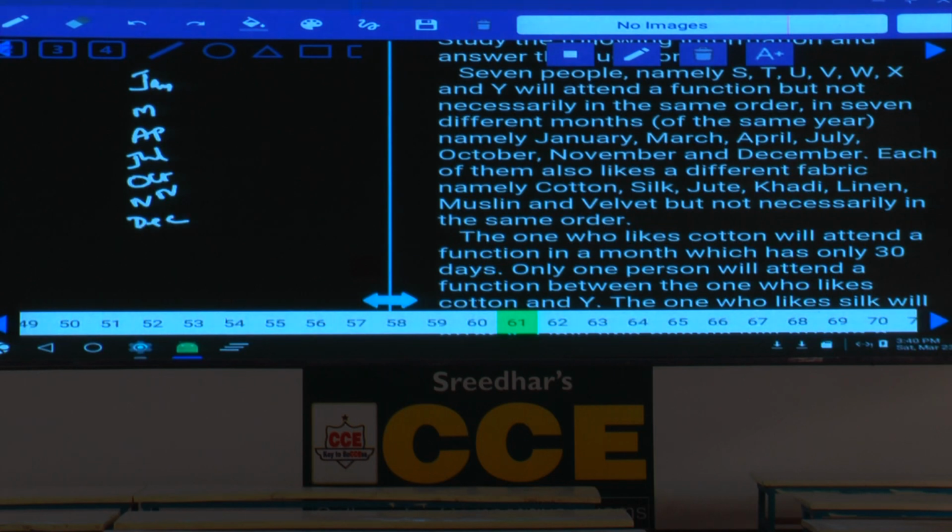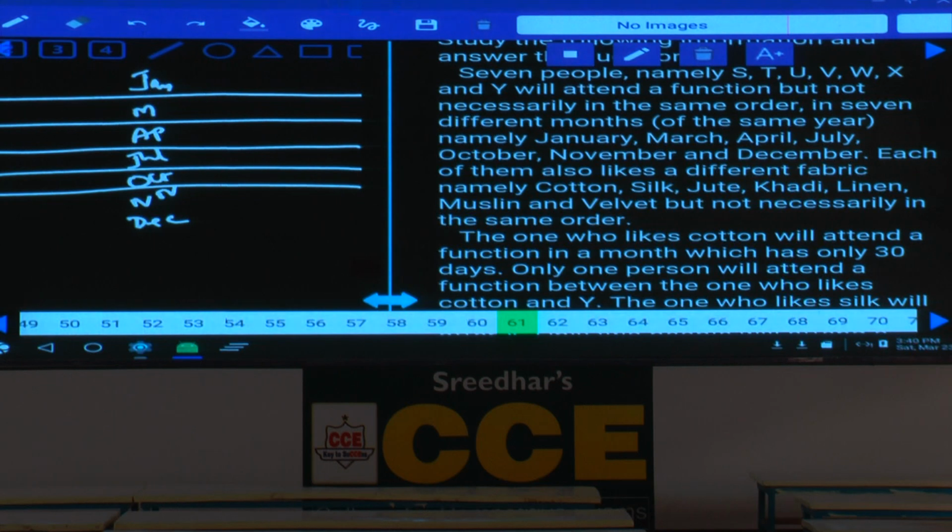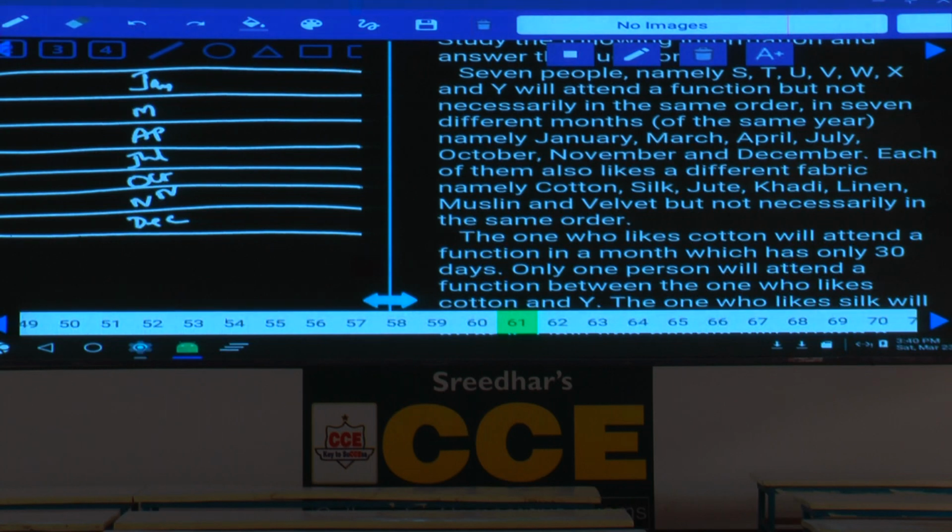Whenever these months are given, first find out the number of days in each month, because there is a possibility of more months having 30 or 31 days and fewer months differing. Jan has 31 days, March 31, April 30, July 31, October 31, December 31, November 30.